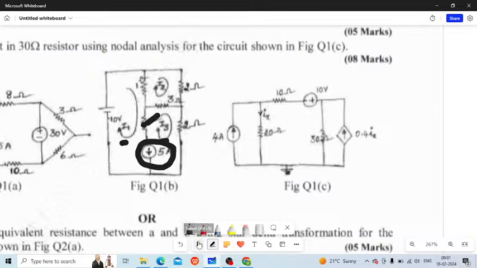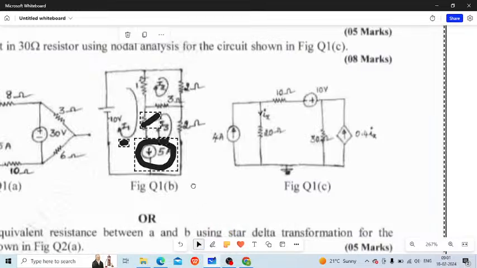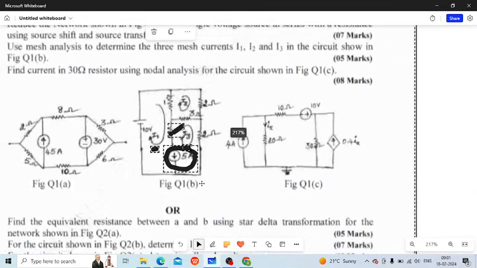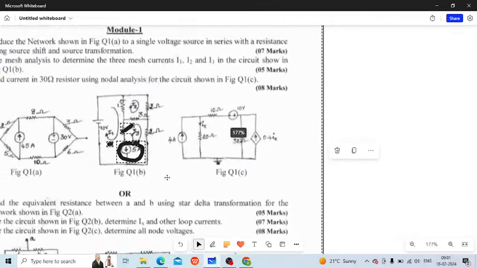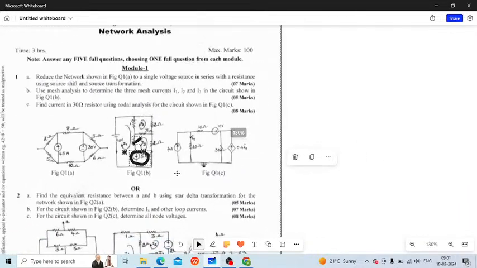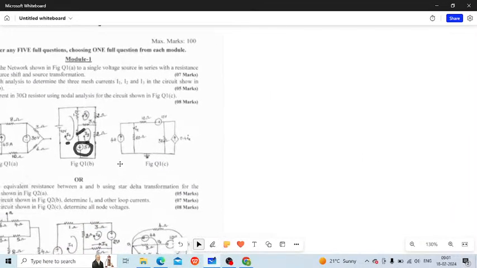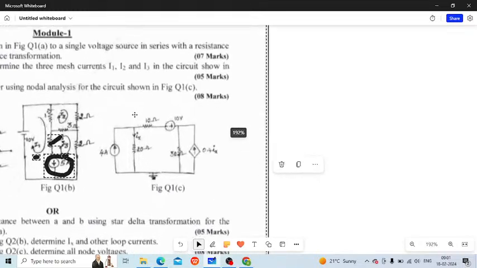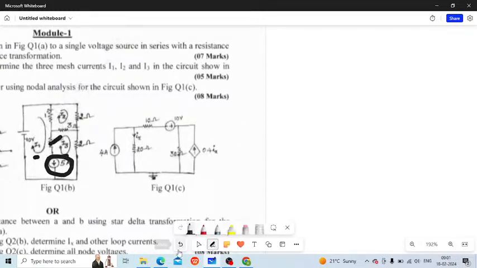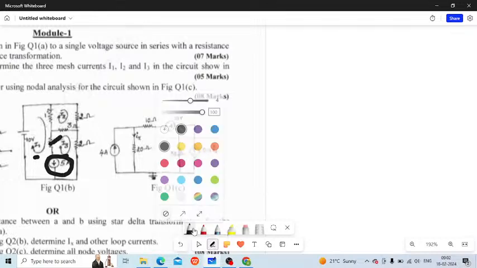Now I'll start with the procedure. Before starting, I'll rewrite the diagram. I will write the super mesh first. I'll take another color, please wait for a minute.